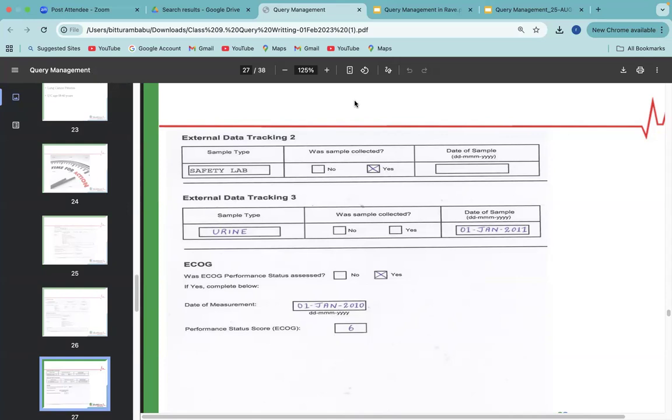They have not mentioned the safety lab dates, like the date of sample. Very good. And in the next one, in urine, whether it was collected or not, that one also they have not mentioned. Very good. Anything else? That's also.